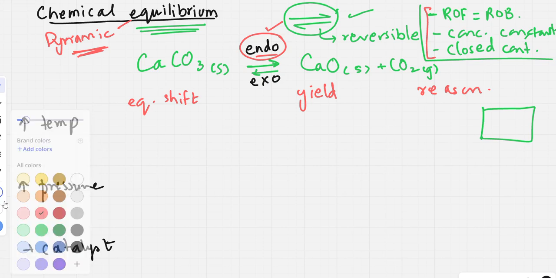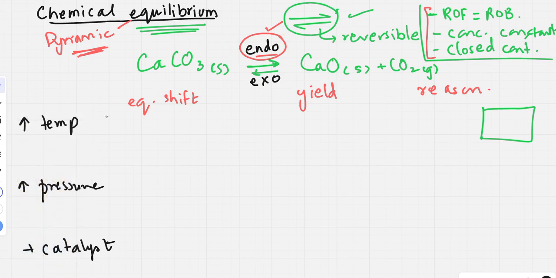Now, we are talking about the effect of different stressors on the equilibrium shift. Let's look at this scenario. If you look over here, the forward reaction is endothermic and the backward reaction is exothermic.